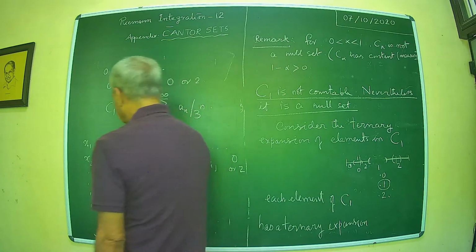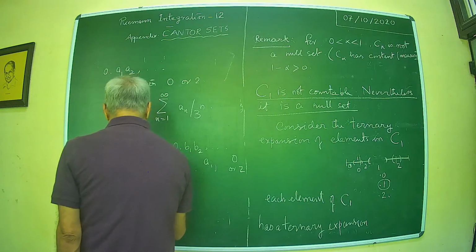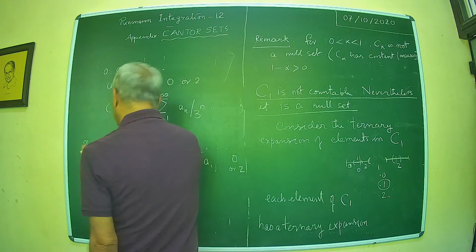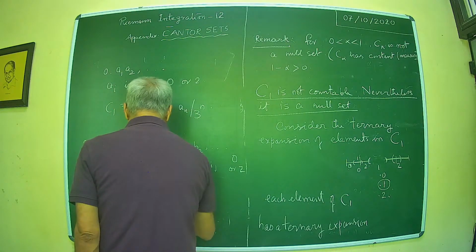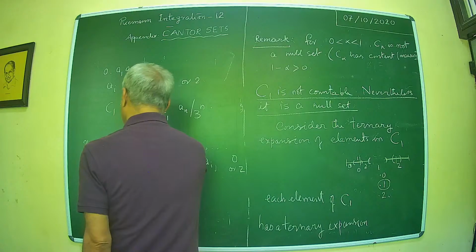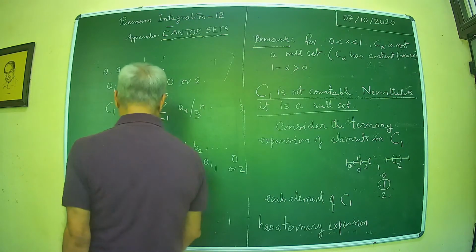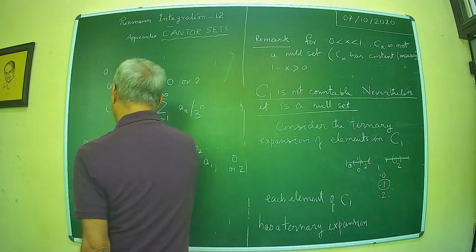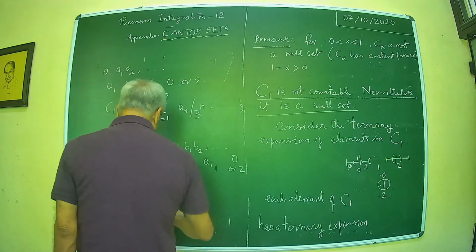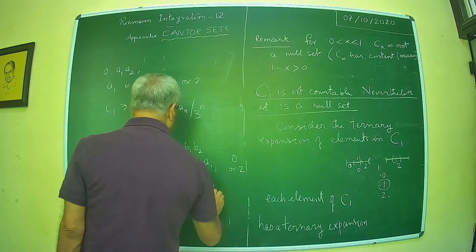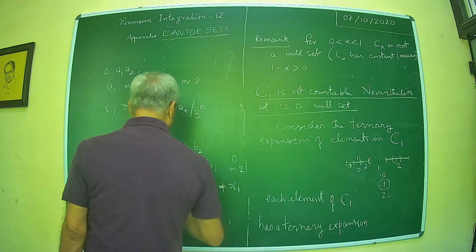Now you construct a new number y this way. Make it different from x1 by choosing it as 0. followed by: if a11 is 0, then you write 2; if a11 is 2, then you write 0. So you make sure that y is different from x1.